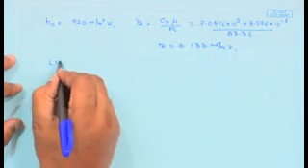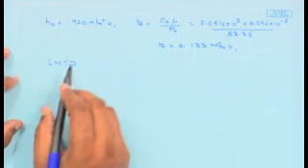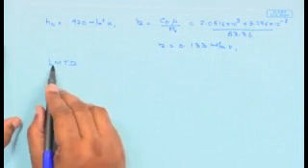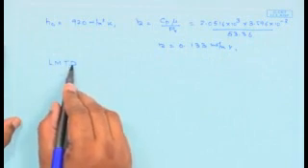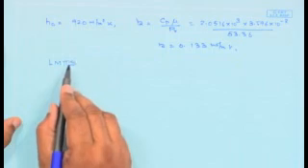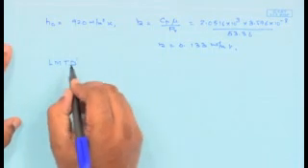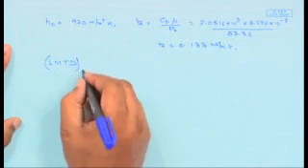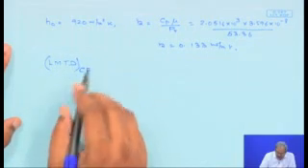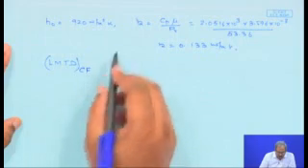Now, I need to calculate LMTD, and since it is a multi-pass heat exchanger, a corrected value of LMTD is to be used. In order to obtain the corrected value, I have to multiply the LMTD by the factor F, which we have described. This LMTD is to be calculated based on counter flow.